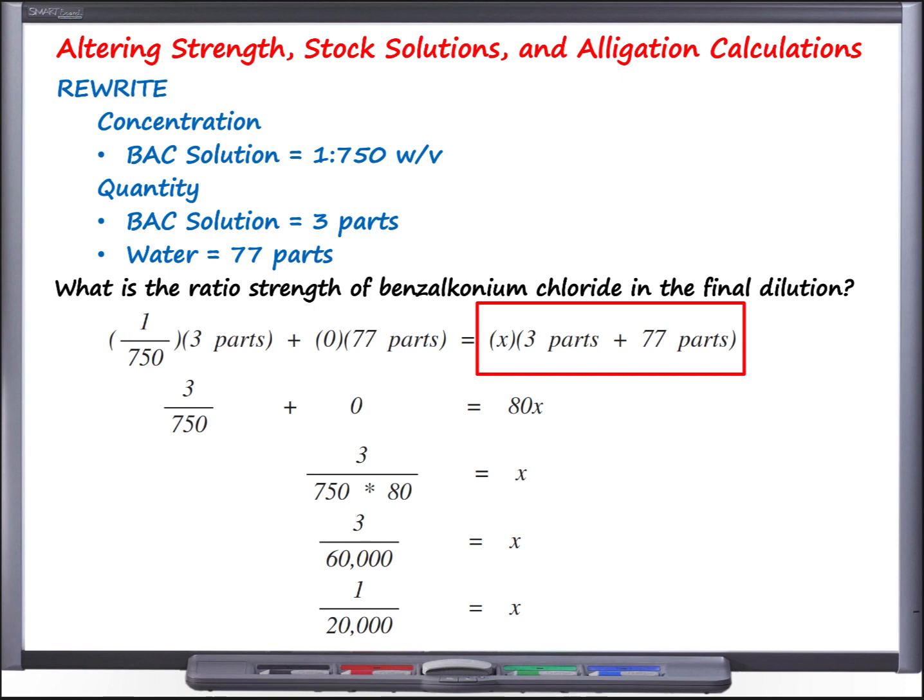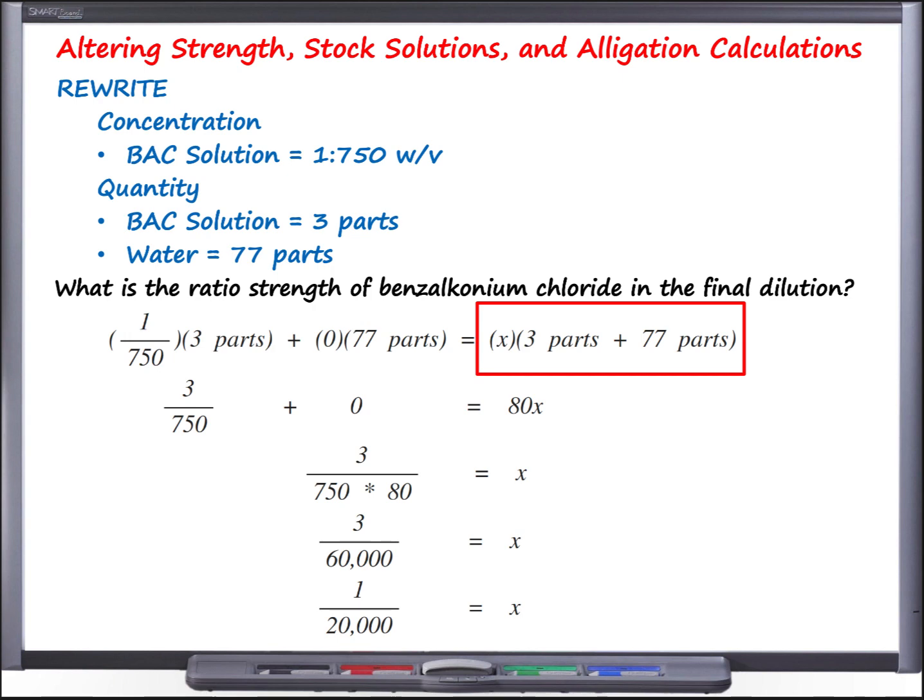So we can actually say that we know what the volume of our final product will be. It will be the 3 parts from the benzalkonium chloride plus the 77 parts of water. There is no mystery. Those are the 2 things that make up the quantity of our final solution. And while we don't know its concentration, which is why we called it X, we do know and can predict its final quantity as being 3 plus 77, essentially 80 parts total. That's all we need to do.